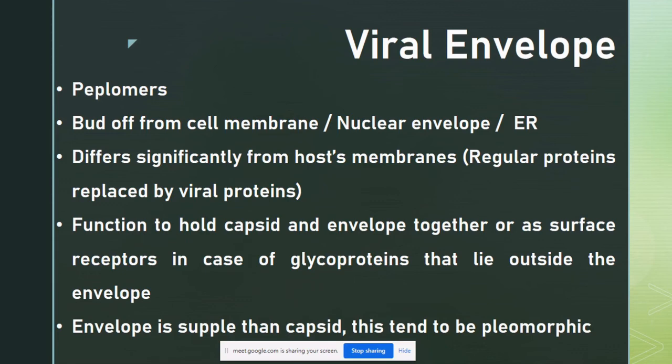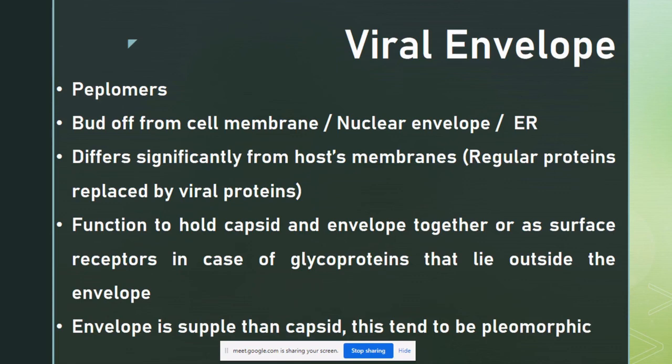Now, this was the point, as you all said, that the proteins of the envelope and the proteins of the host cell membrane are the same. But do remember this: the proteins of the viral envelope and the proteins of the cell membrane are not the same.